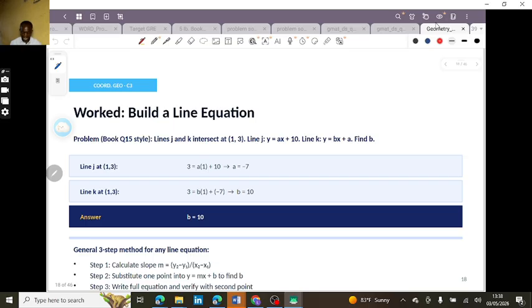When we draw this line, the line of y equals ax plus 10, and the line of K, y equals bx plus a, they intersect at the point 1 and 3.